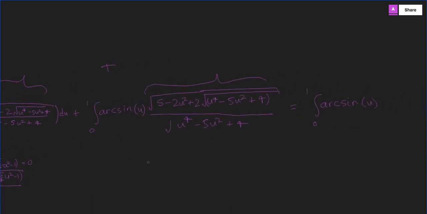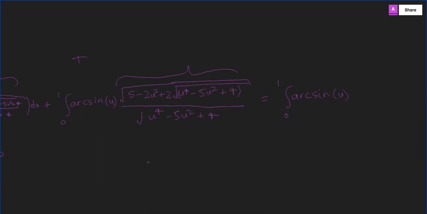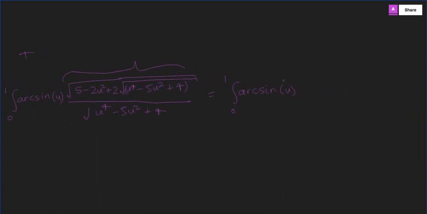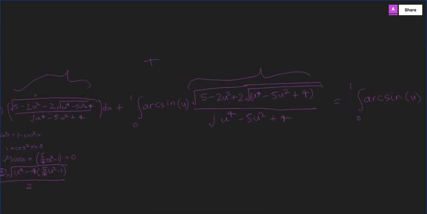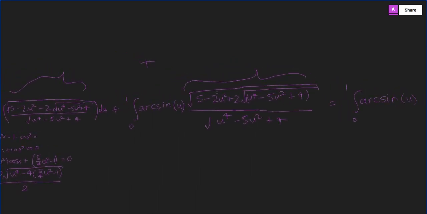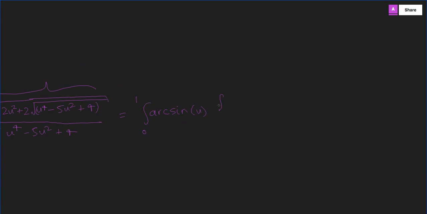Instead of writing this entire thing out, I'm just going to call the sum of these two F of u, since they're so long to write and pretty similar to each other, divided by the root of u to the power 4 minus 5u squared plus 4.